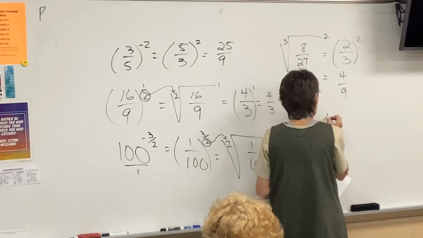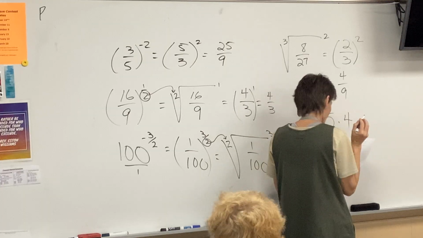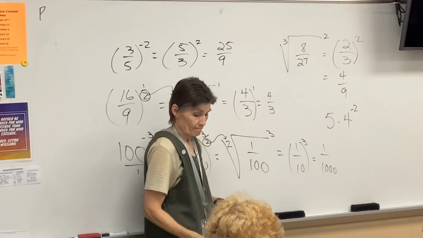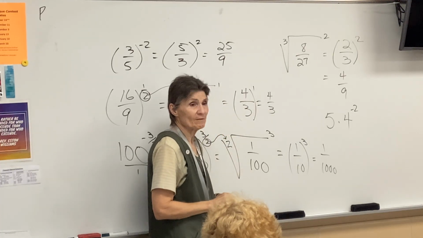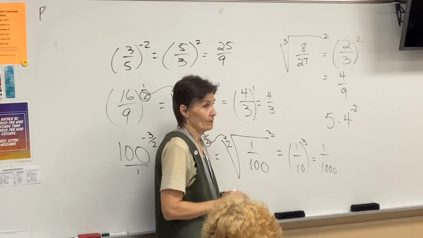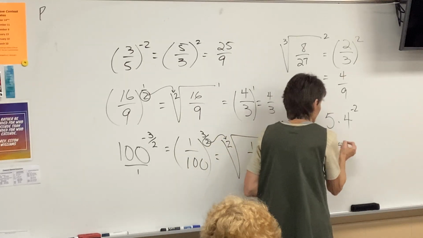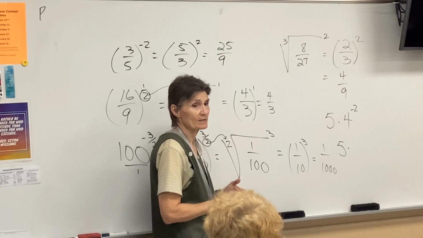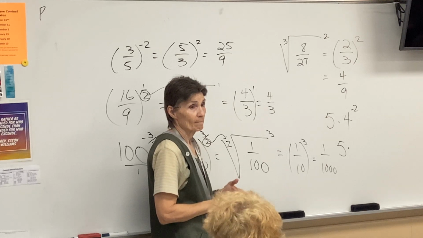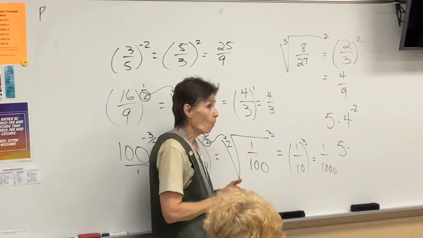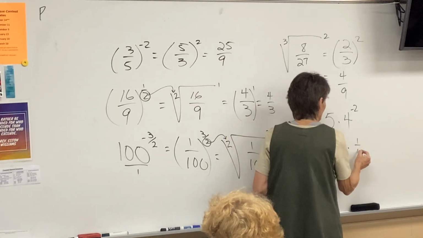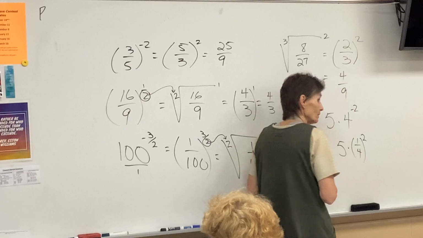Few of you? All right, keep working on that. All right, 5 times 4 to the negative second. Does 5 even have an exponent? No, so we're just gonna leave it as 5. But what are we gonna do with 4 to the negative second? Flip it. 4 becomes 1/4 squared.